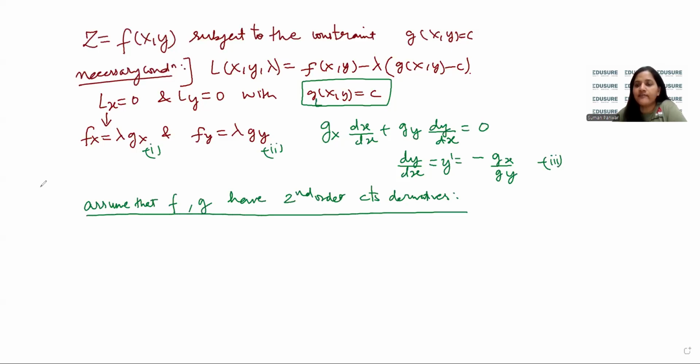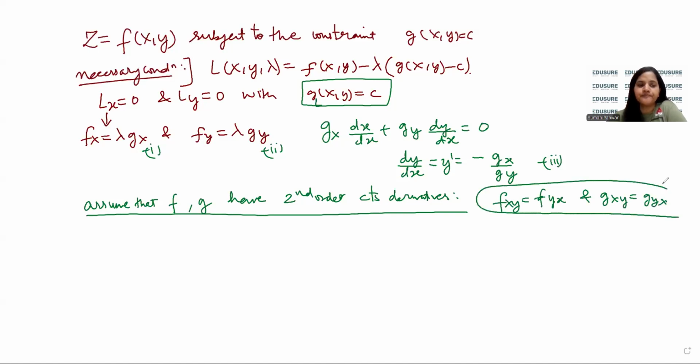That means fxx, fxy, fyx, gxx, gxy, gyy all exist and are continuous. Also, f of xy will be equal to f of yx because of continuity, and g of xy will be equal to g of yx. So this is the assumption that we will have.